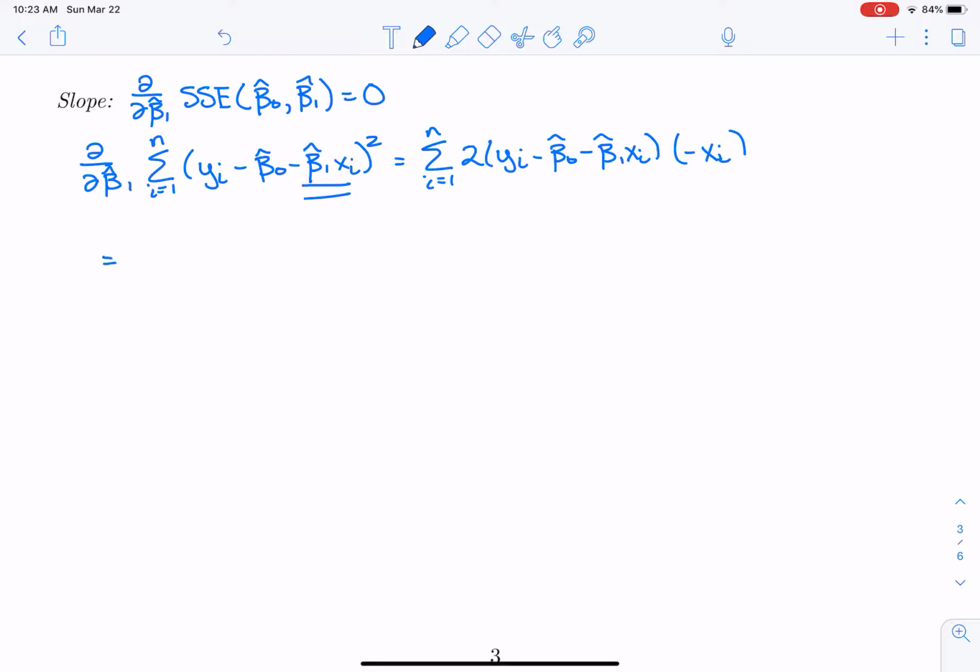So now I'm going to do something that's similar to what I did before. I'm going to take the 2 out, and then I want to distribute the sum.